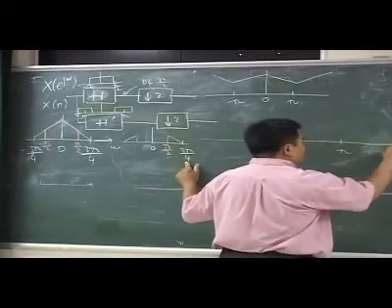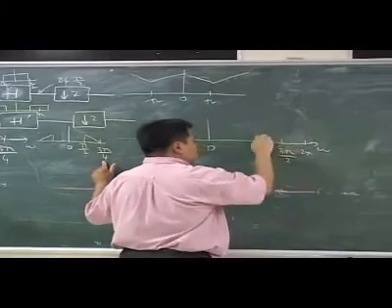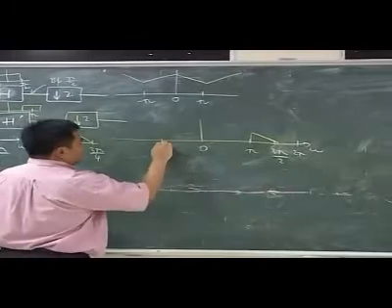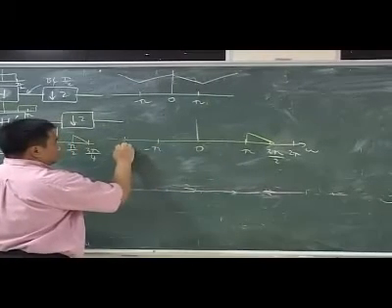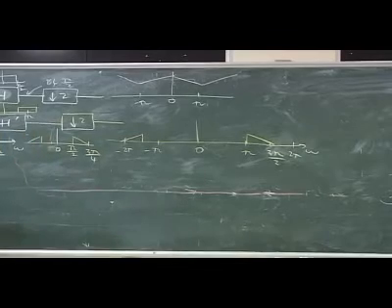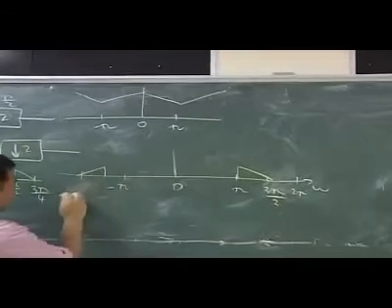Alright, so pi, 2 pi, 3 pi by 2. And the other one on the side. Sorry, minus 3 pi.